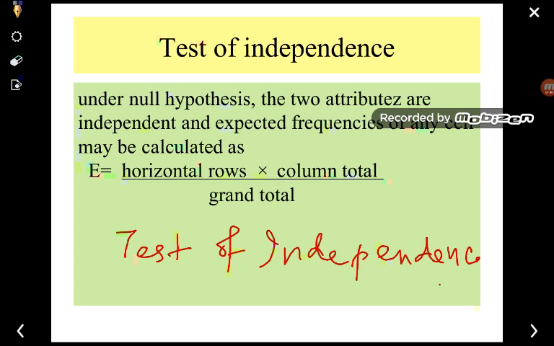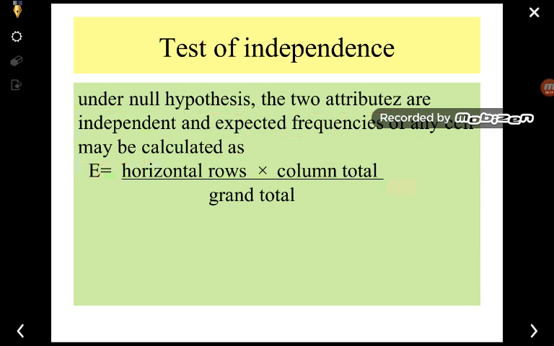So here, under the null hypothesis, the two attributes are independent, and the expected frequency of any cell may be calculated by this formula: E is equal to row total into column total divided by grand total.